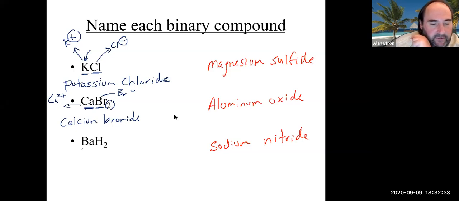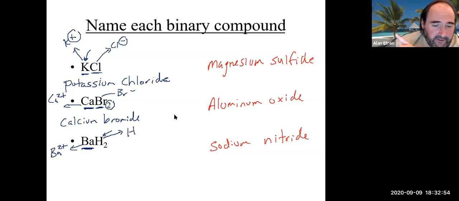Our last one here is Ba, which is a metal. Remember, hydrogen is actually a nonmetal. So this is a metal and a nonmetal together. Barium is also group 2, which means it's barium with a +2 charge. Hydrogen, when it comes second after a metal, is negative.